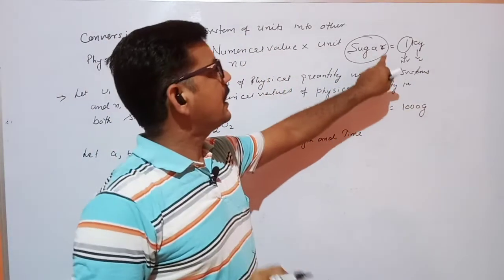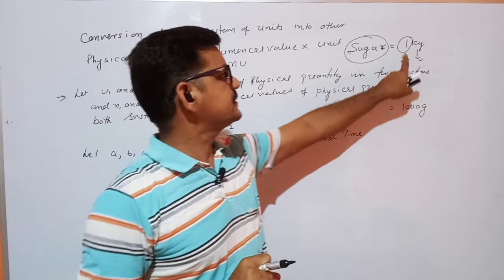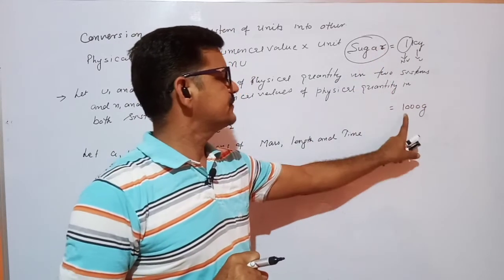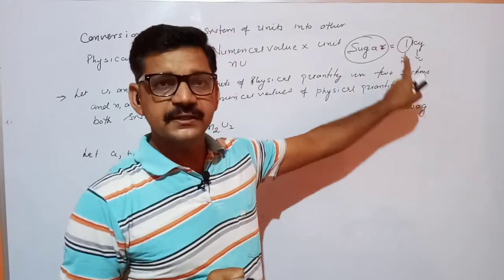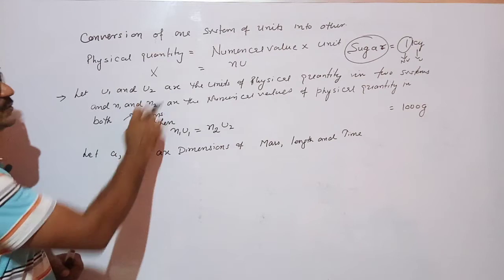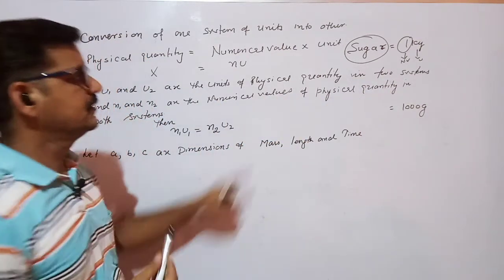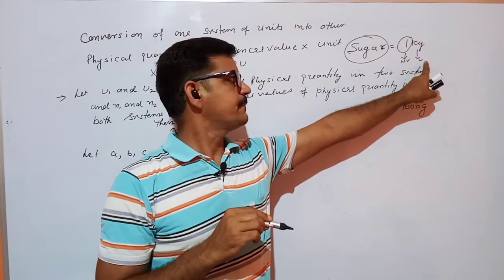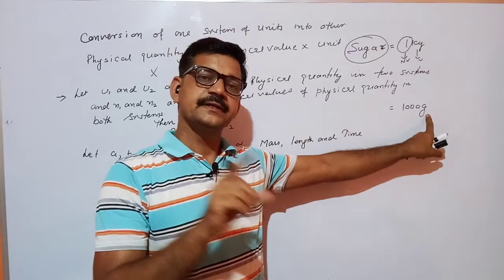So if you are talking about the SI system, then it is 1 kg sugar. If you talk in the CGS system, that is 1000 gram. But the quantity of sugar remains the same. So let U1 and U2 be the units of a physical quantity in two systems, like kg was the unit of mass in the SI system, and gram is the unit of mass in the CGS system.